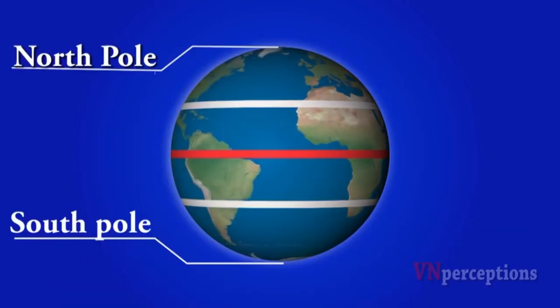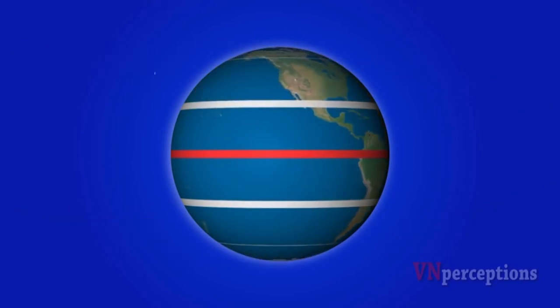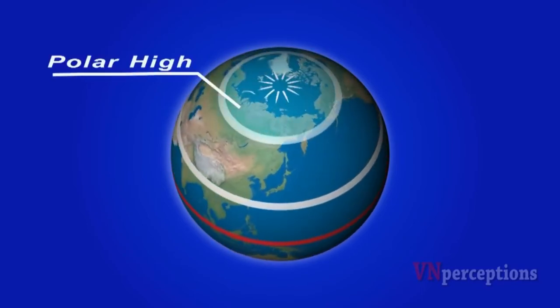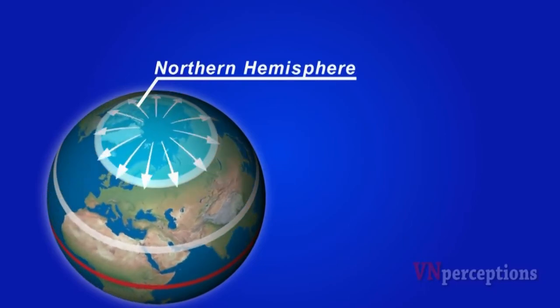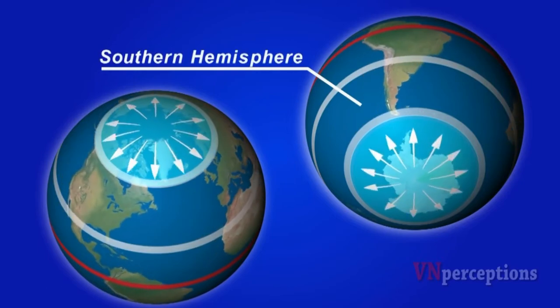At the poles, the sun rays are very much inclined. So, we have cold air that sinks. These regions are known as polar highs. In the northern hemisphere, the air moves towards the south, and in the southern hemisphere, the air moves towards north.